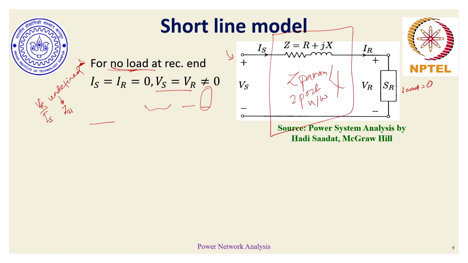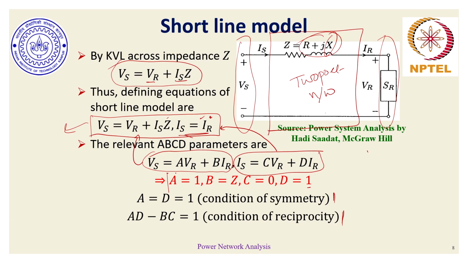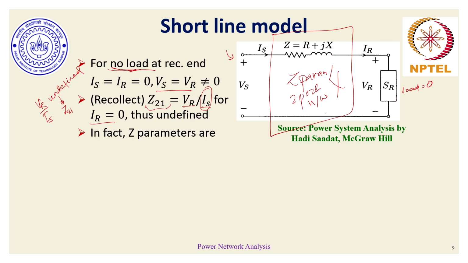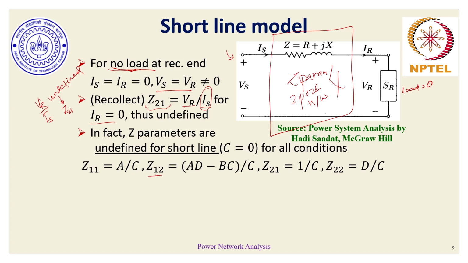If we recollect our ABCD parameters where C is 0 and try to evaluate Z parameters in terms of ABCD parameters, based on the discussion which we had in the previous lecture, then it would appear that Z11, Z12, Z21 and Z22 would all have the inverse of C, where C itself is 0 for the short line model. That means not only Z12, but none of the Z parameters are defined for a short line model for two-port network representation.